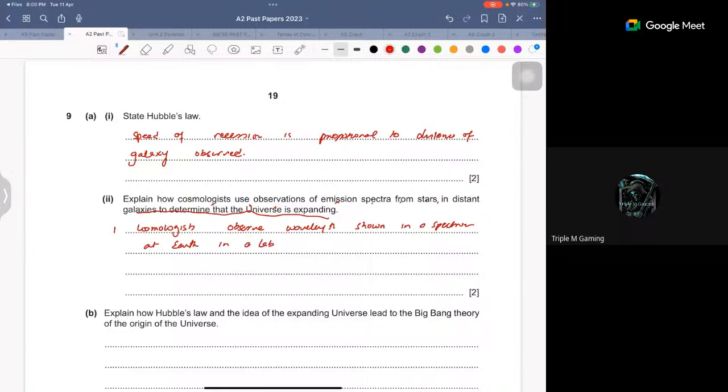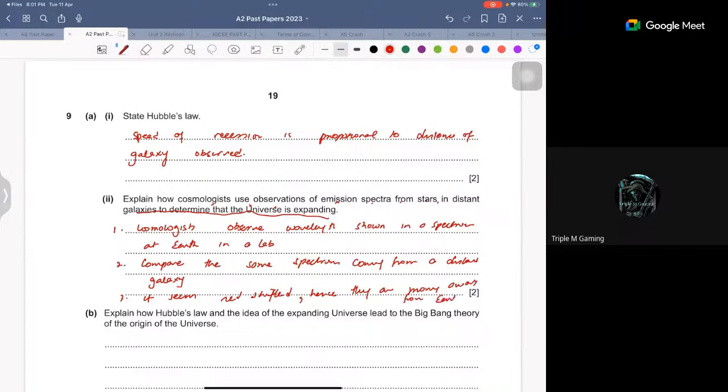This is what you do, and then compare the same spectrum coming from a distant galaxy. It seems red shifted. Red shifted means that the movement is away. Hence, they are moving away from Earth. That's why the universe is expanding. Is it clear, everyone?